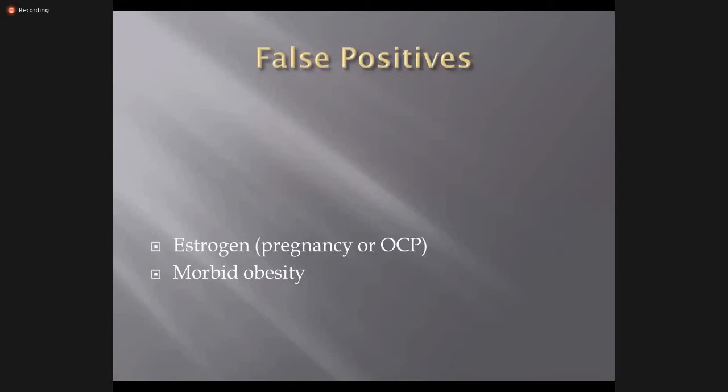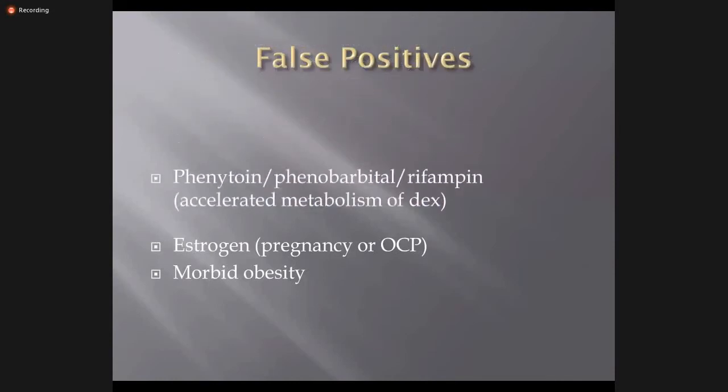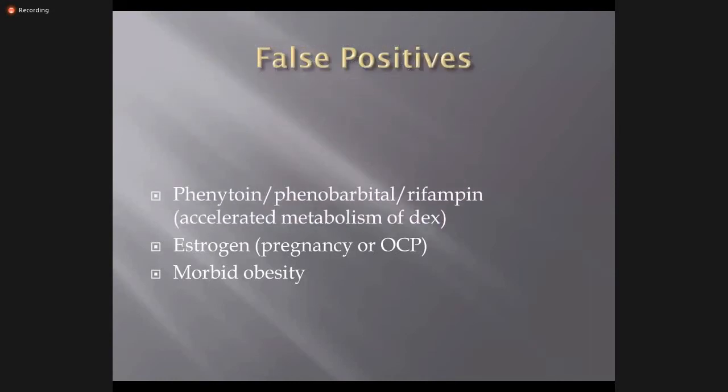So 24-hour urinary free cortisol and overnight dexamethasone can be falsely positive in such situations. Phenytoin, phenobarbital, or rifampin, these drugs accelerate the metabolism of dexamethasone, resulting in a false positive screening test. Severe stress, severe depression.